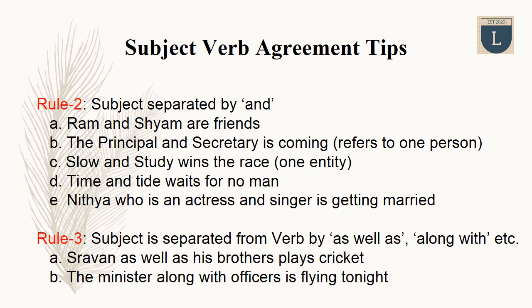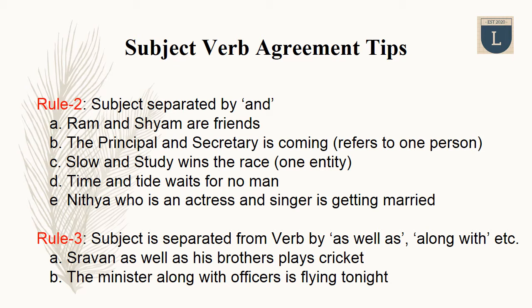Rule number 2: subjects separated by and. Example: Ram and Shyam are friends. If they are separated by and, it takes a plural form. The principal and secretary is coming. Here, the principal and secretary are the same person, so it refers to a single individual.